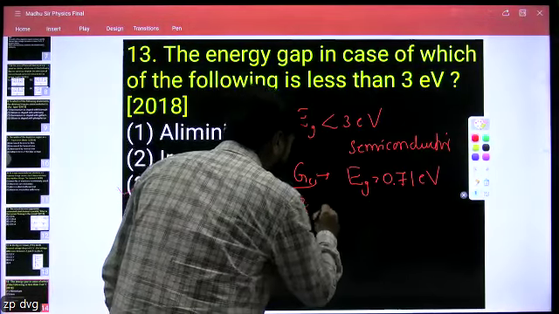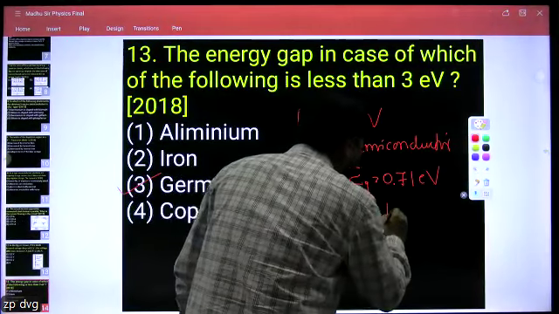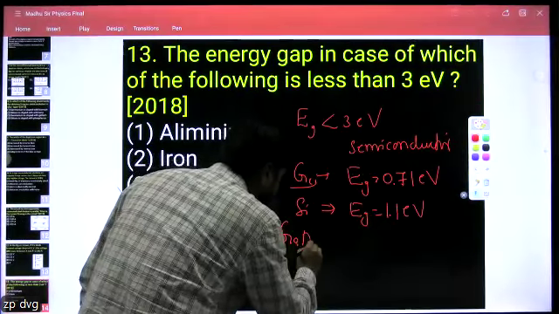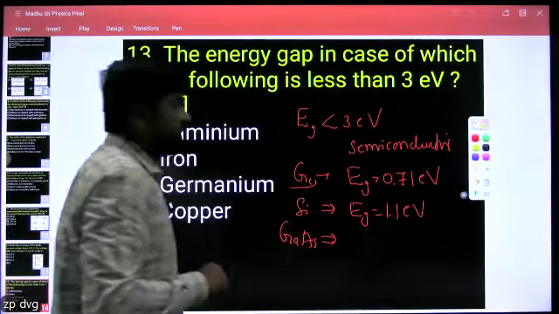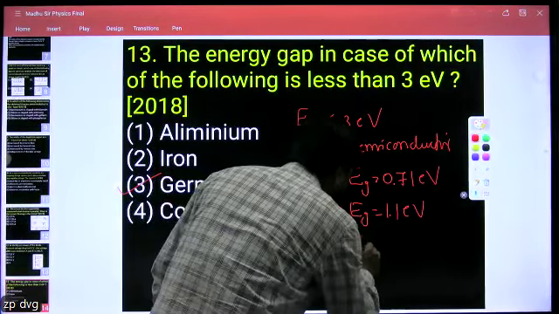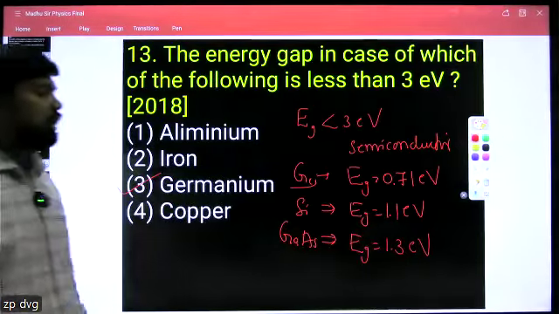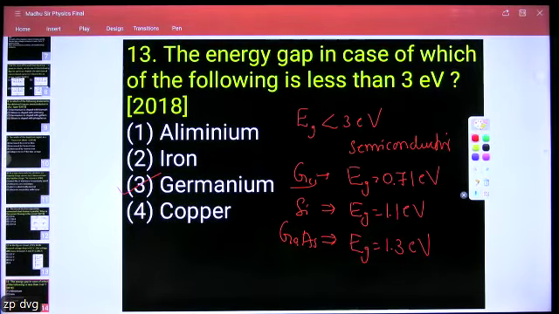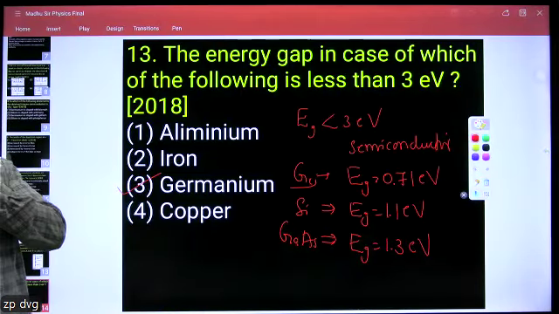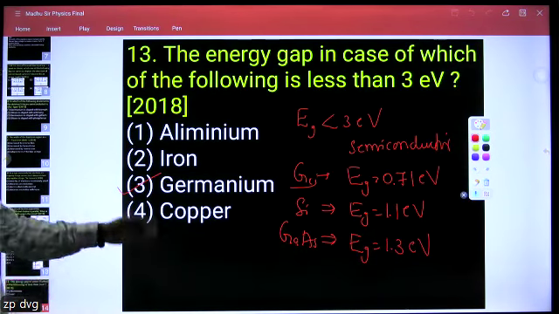For silicon, energy gap is equal to 1.1 electron volt. Gallium arsenide is also an example of a semiconductor, the energy gap Eg is equal to 1.3 electron volt. Germanium 0.71, silicon 1.1, gallium arsenide 1.3 electron volt.